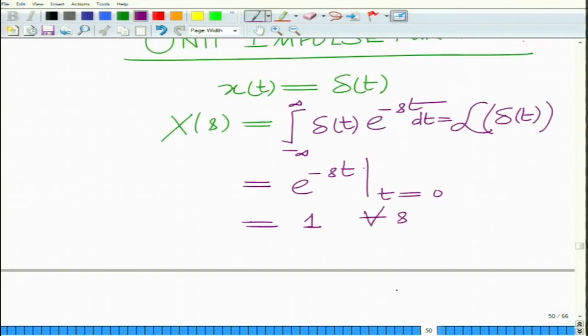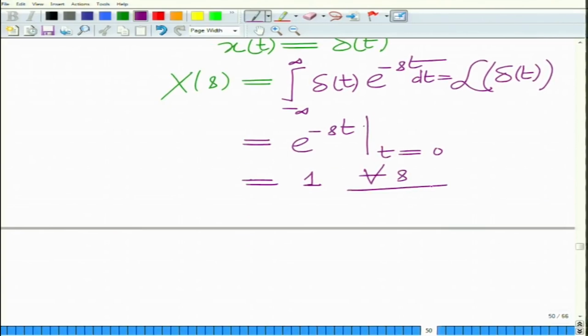So, the region of convergence is all s. In this case, ROC equals all s, that is all values of s in the complex plane, that is minus infinity less than sigma less than infinity and minus infinity less than omega less than infinity, covers the entire s plane. This is the region of convergence for this impulse function.